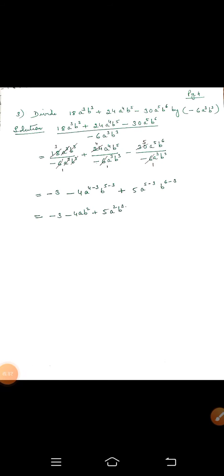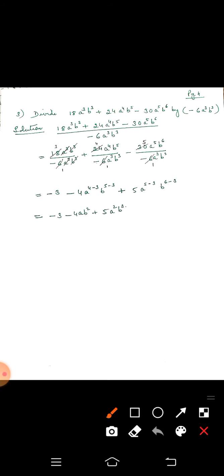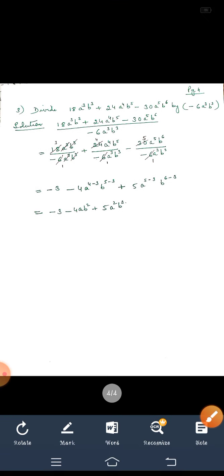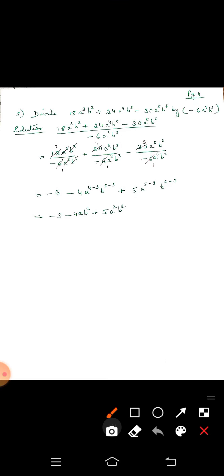Let us have another, similar example. Divide these numbers: 18a cube b cube plus 24a to the power 4 b to the power 5 minus 30a to the power 5 b to the power 6 by minus 6a cube b cube. So here the divisor is this.